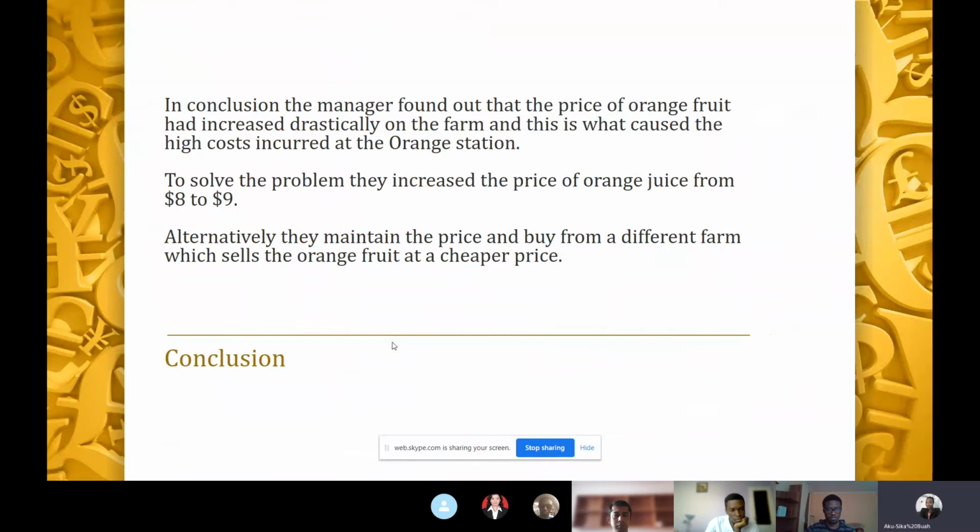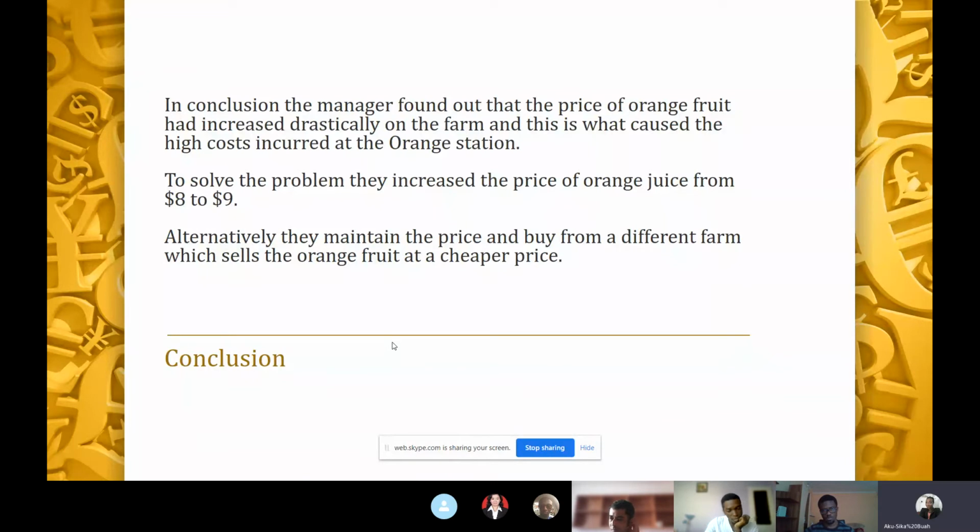So the solution she provided was two. The first is either increase the price from 8 to 9 to make up for the extra cost, or they maintain the price at 8 and find a new farmer who sells the orange fruit at a relatively cheaper price, so as to maintain the price at 8.